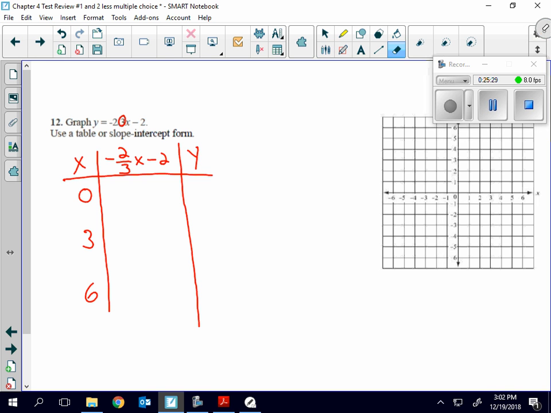So using this equation, my slope is 2/3, and my y-intercept, my b, is negative 2. So I'm going to begin at my negative 2. So my first dot is at negative 2. And my slope says to go down 2, and we always run right 3. Well, we always run to the right anyways. So from there, down 2, right 3.